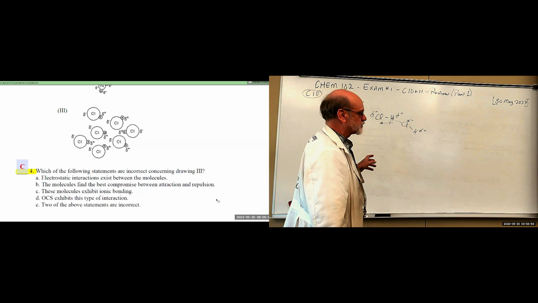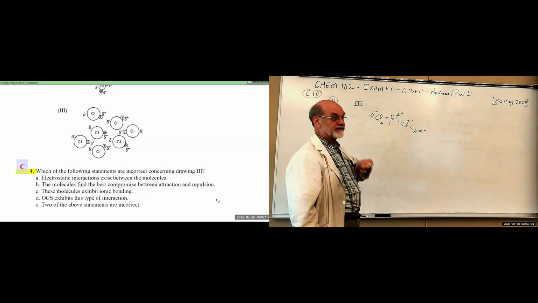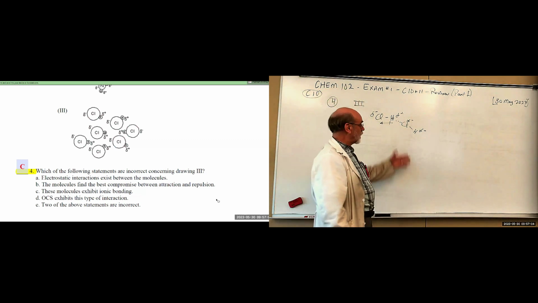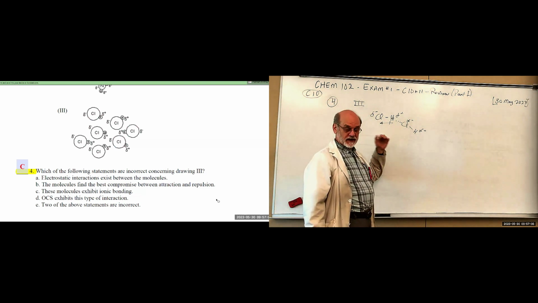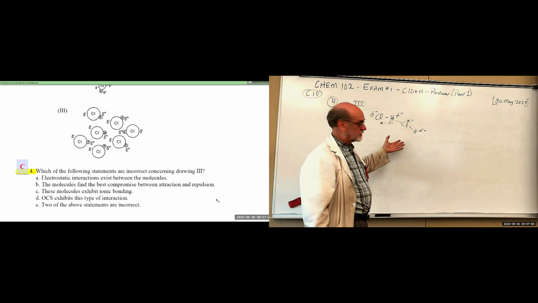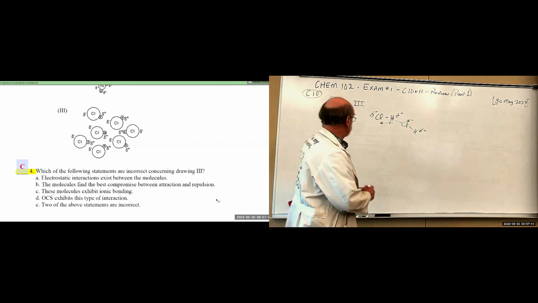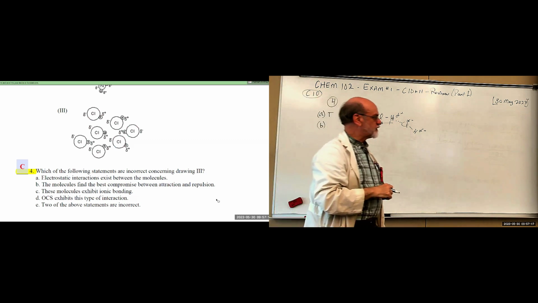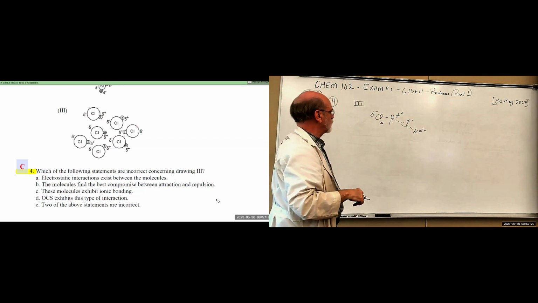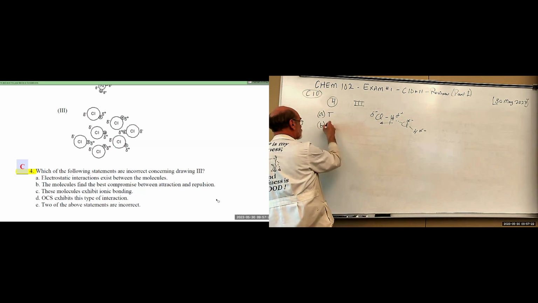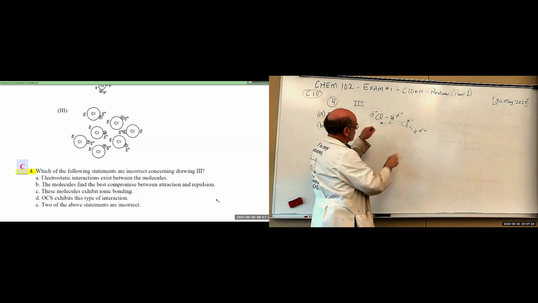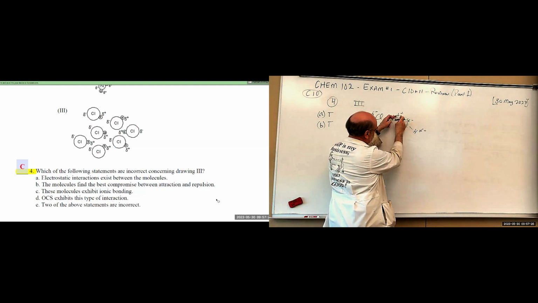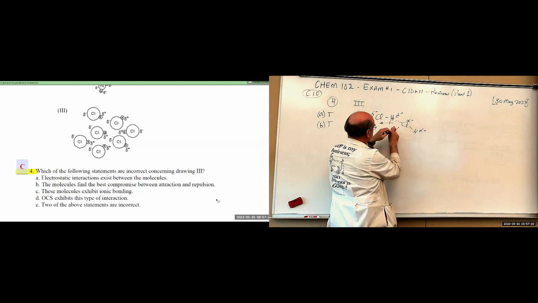Electrostatic interactions exist between the molecules. Oh, definitely. They're not complete ions, but they're still electrostatic. They're partial charges. So A is true. About B, the molecules find the best compromise between attraction and repulsion. That's also true, because even though that positive and that negative are attracting, this positive is still out there.